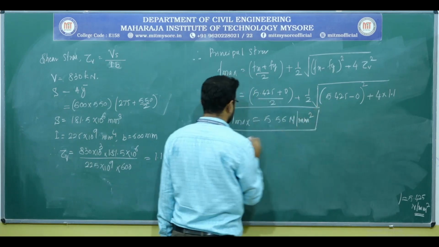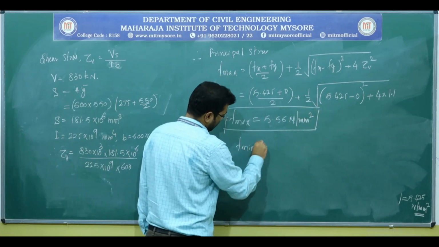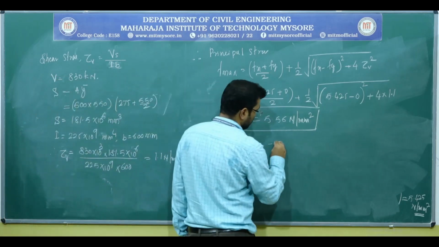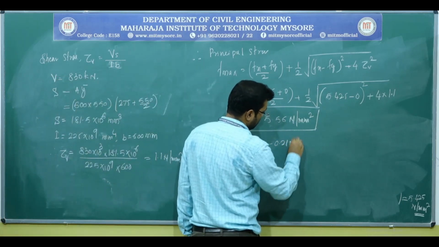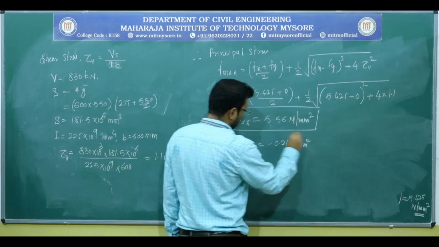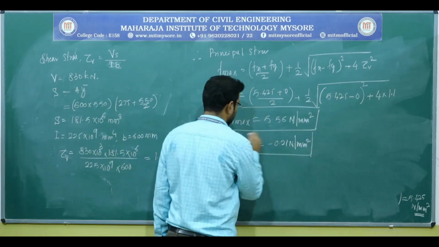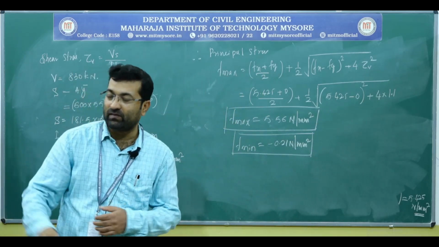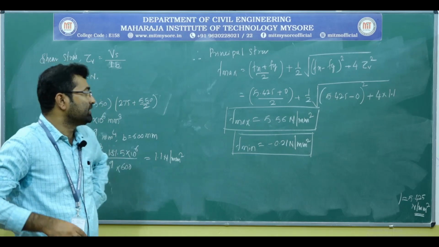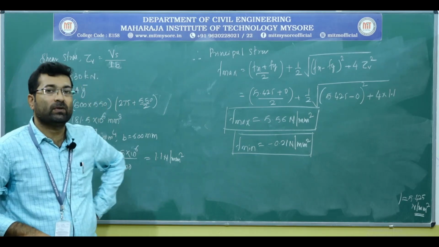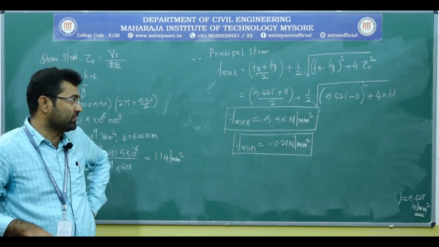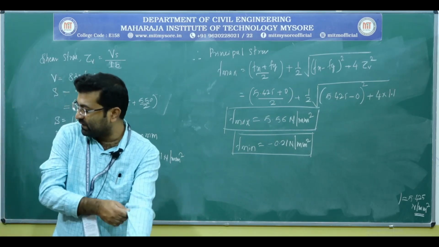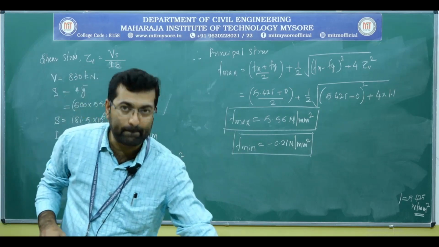Similarly, if you calculate F minimum, you will get F minimum as minus 0.21 newtons per millimeter square. So this is the way we can calculate the maximum principal tension and compressive stresses. Okay. So with this we will move on to the next problem.